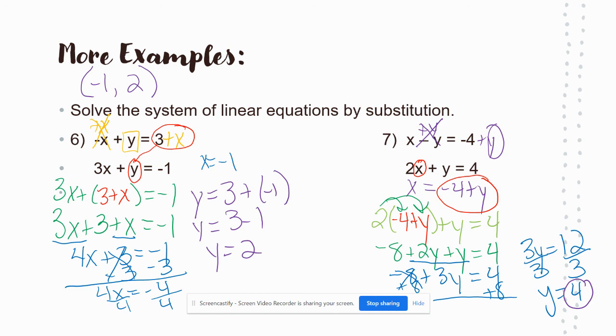Again, it doesn't matter. I like to pick the one that we solved though. So we have x is equal to negative 4 plus y, which we found to be 4. Negative 4 plus 4 is 0. So our solution is 0, 4.